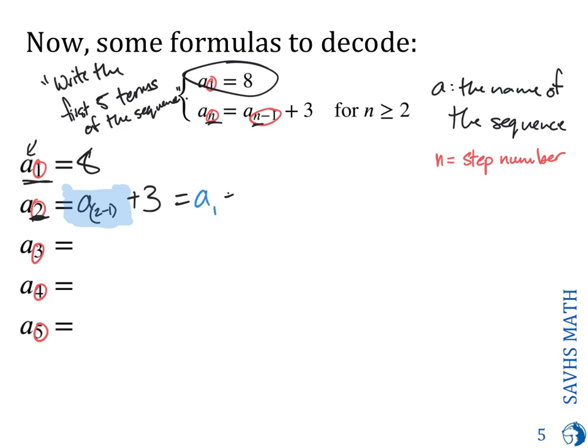And A1 plus 3 looks a little bit easier because I know what A1 is. A1 is 8. And I know that 8 plus 3 is 11. So I can conclude that A2 equals 11.